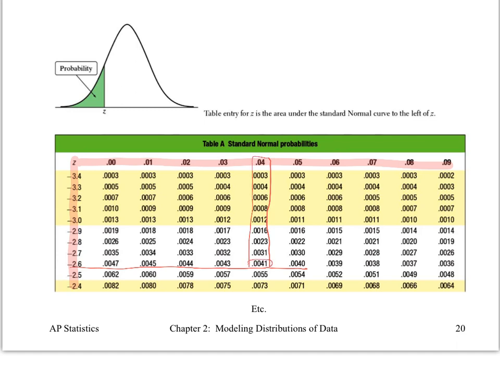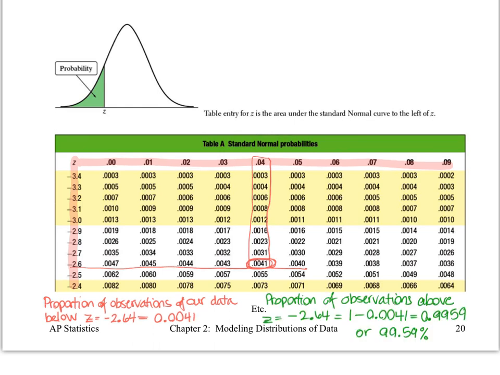The value that lies at the intersection of the column and row in which we have an interest is going to be the proportion of values that lies to the left of negative 2.64. Sometimes we want a right-handed proportion, and in that case what we would do is subtract from 1. So this is only a small excerpt of our Table A, standard normal table.